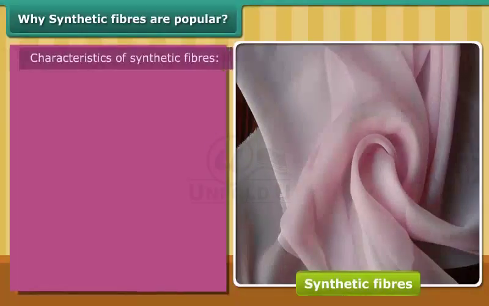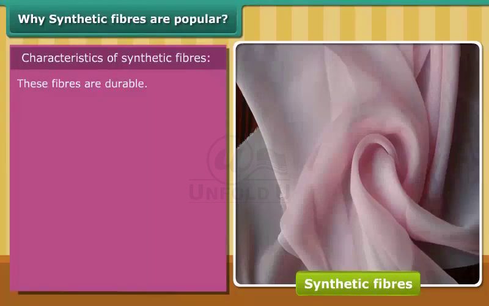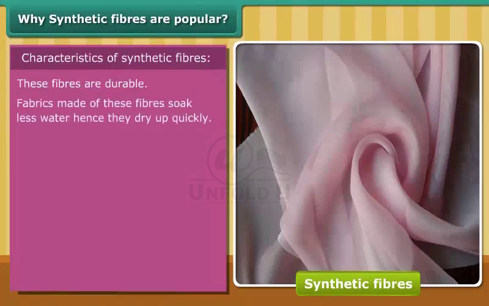Let us recall the characteristics of synthetic fibers which make them so popular among us. Because of high strength of synthetic fibers, they can easily bear heavy loads without breaking. These are durable. Fabrics made of these fibers soak less water, hence they dry up quickly.